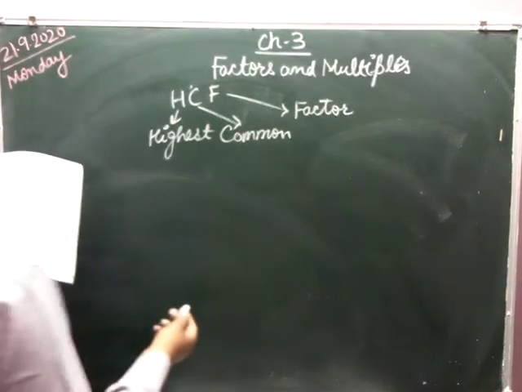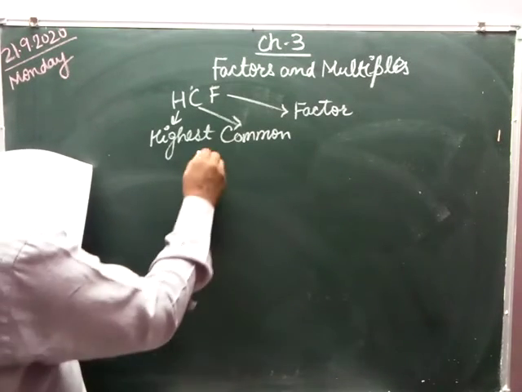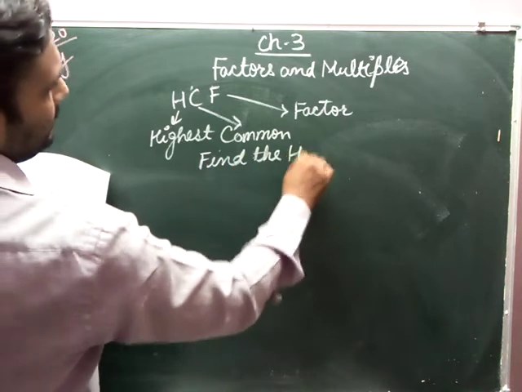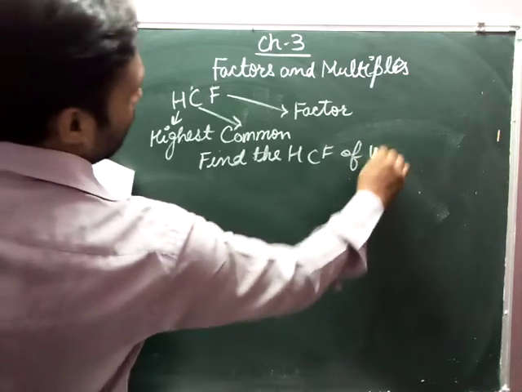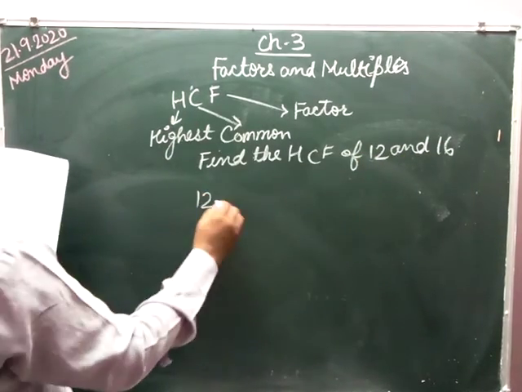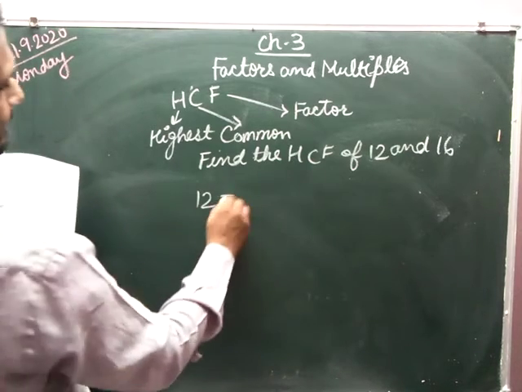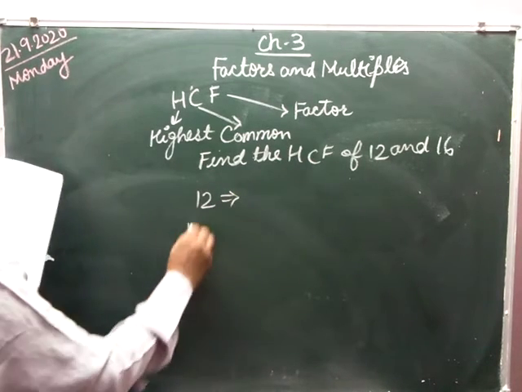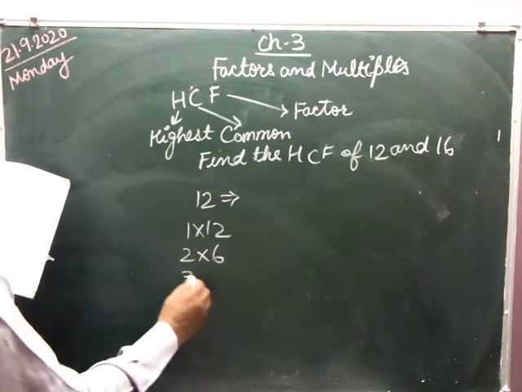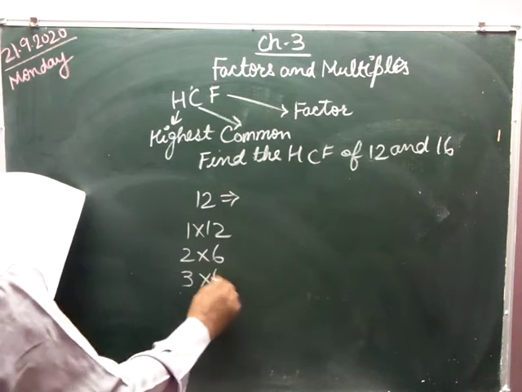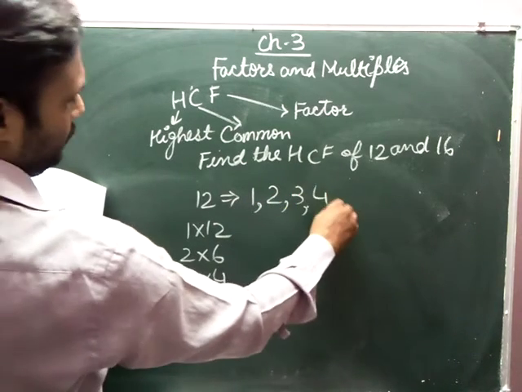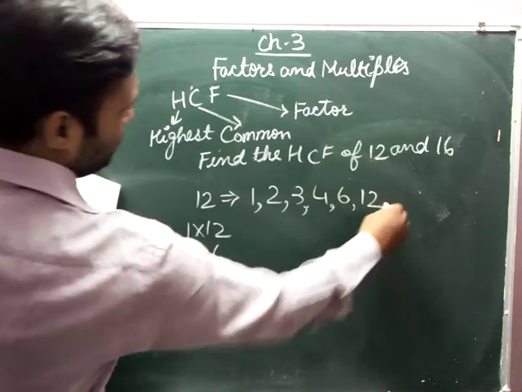Suppose we have to find the HCF of 12 and 16. First we have to take out the factors. Factors of 12: 1 multiplied by 12, 2 multiplied by 6, 3 multiplied by 4. So we have the factors 1, 2, 3, 4, 6 and 12.